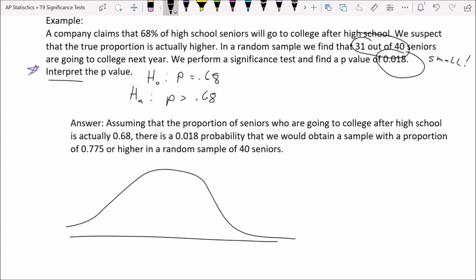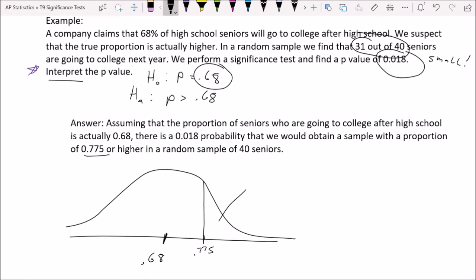Okay, so basically this is a normal distribution with the null value, that's the null hypothesis, being centered. And so we're saying, okay, if it's true that 0.68 is the actual percentage of high school seniors going to college next year, then what would be the probability that we get a value of 0.775 as our sample proportion by chance alone?